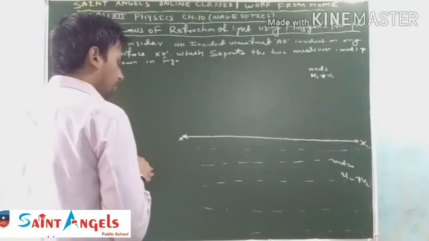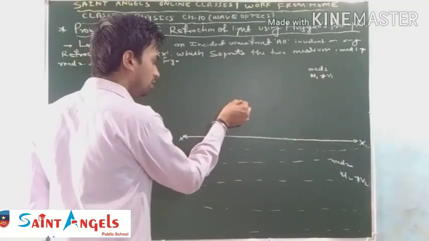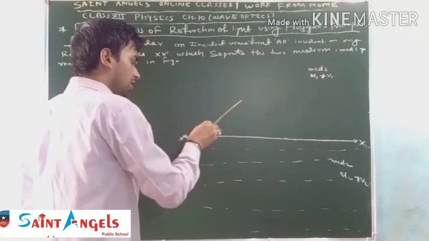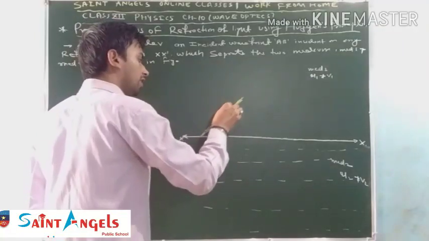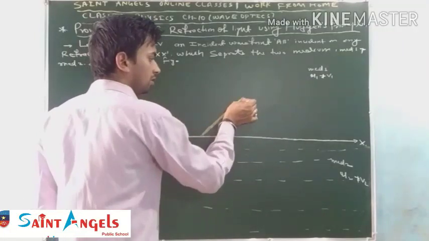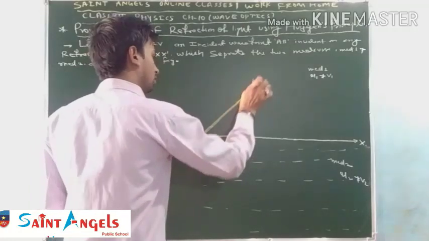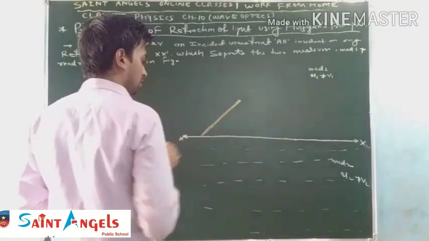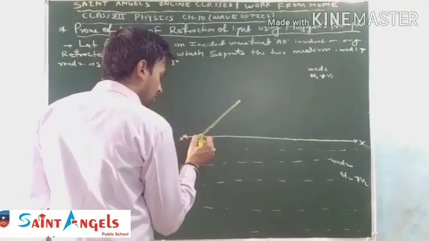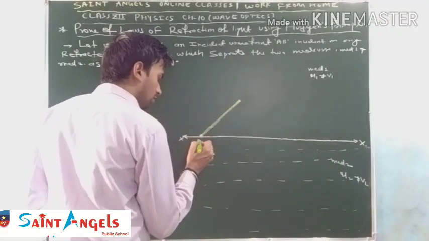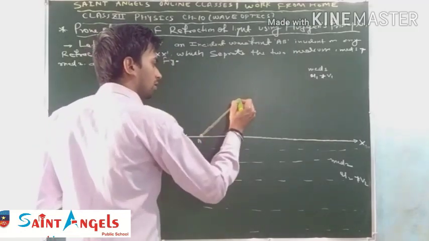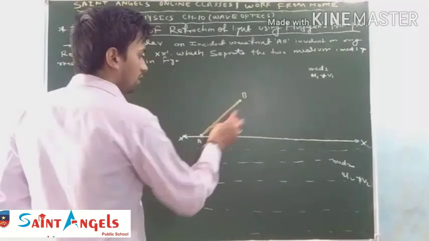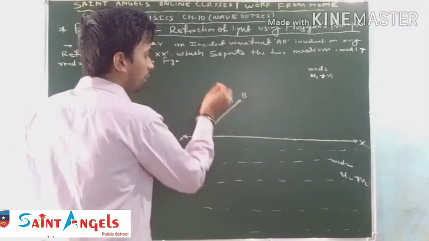Now a plane wavefront AB is incident on this refracting surface, and we know that rays are perpendicular to the wavefront.